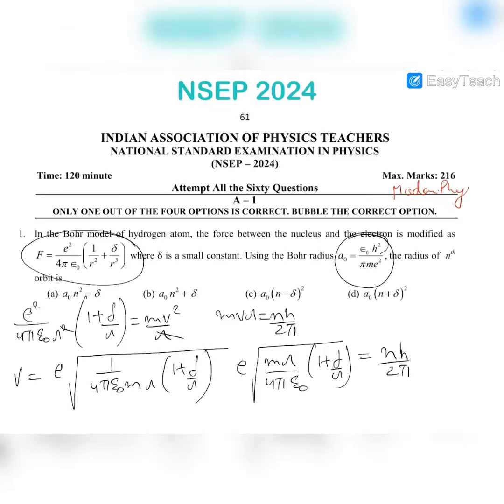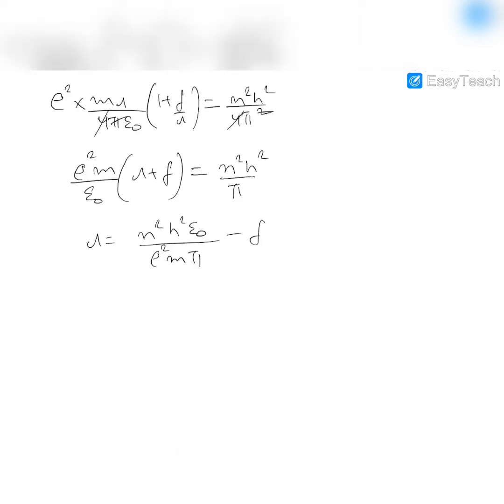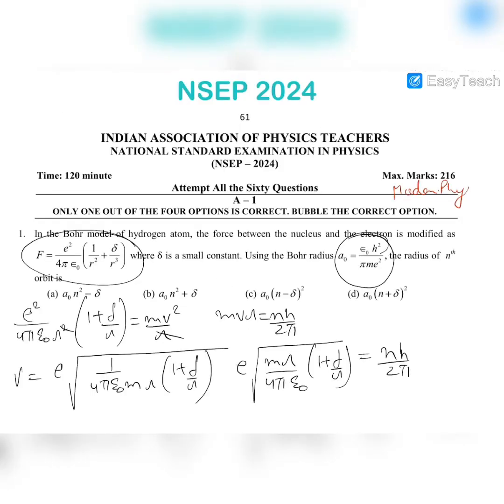Now we know that the value of Bohr's radius, for n equal to 1, is epsilon naught h square upon pi m e square. So r will be equal to n square a naught minus del. So the correct answer will be n square a naught minus del, which is option A.